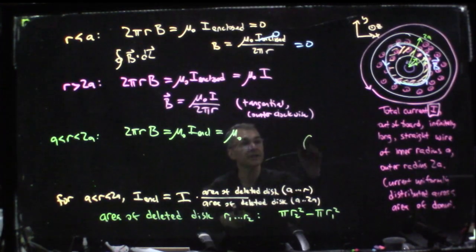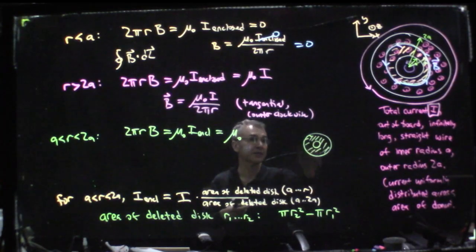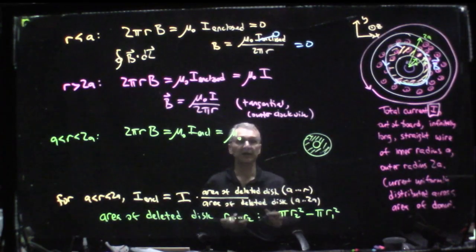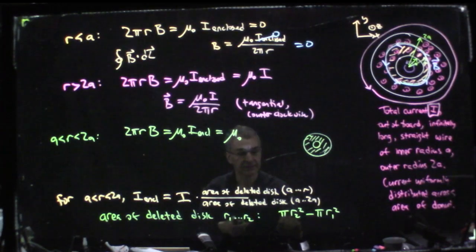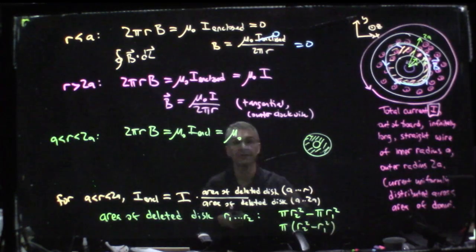You see, you have a big circle with a small circle deleted from it. So that's pi times R2 squared minus R1 squared.